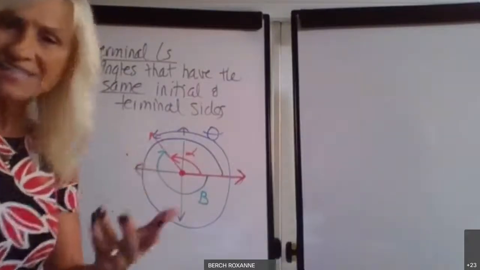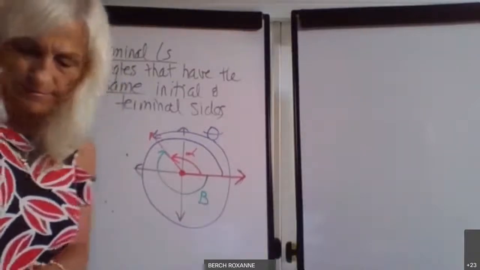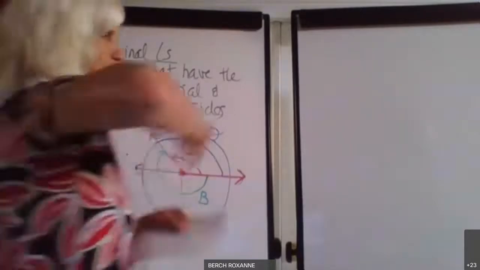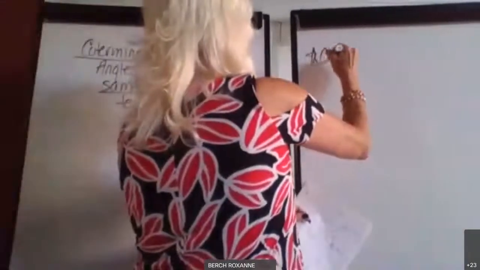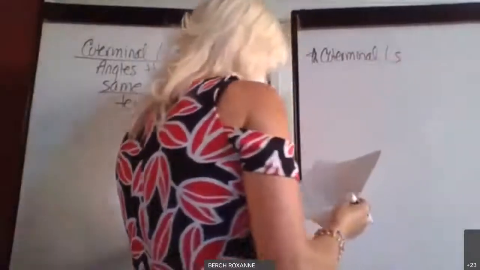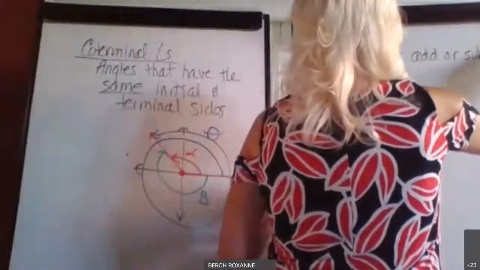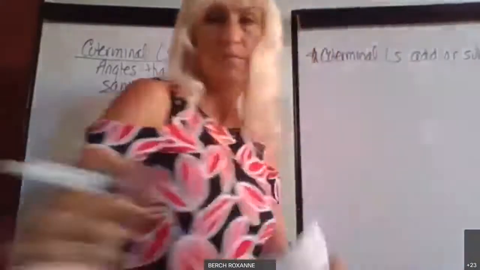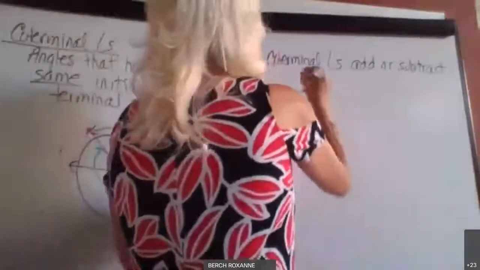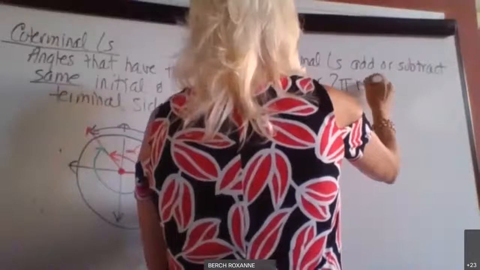Now, if I ask you to give me coterminal angles, we don't want to have to graph all the time. Graphing is tedious. So I'm going to give you a hint about coterminal angles. Coterminal angles add or subtract 360 or 2 pi radians.